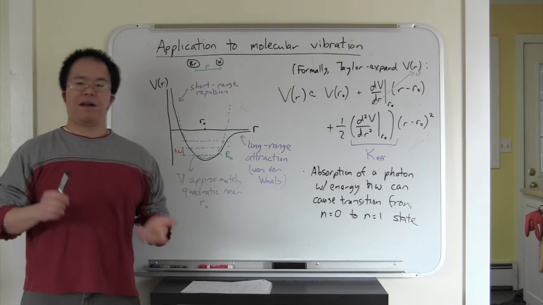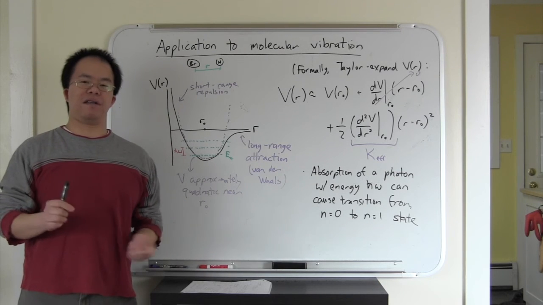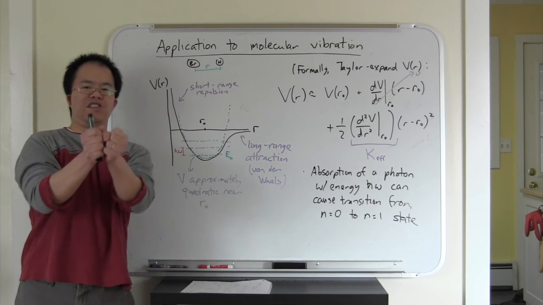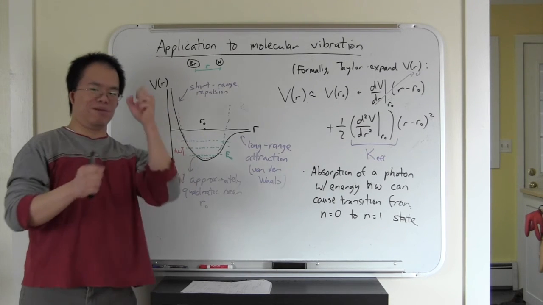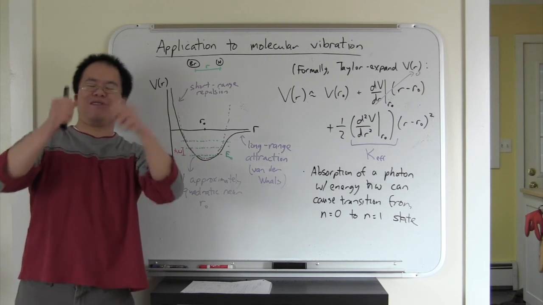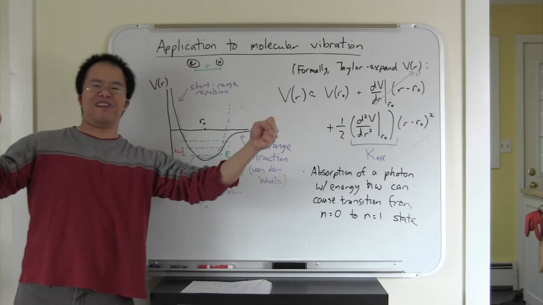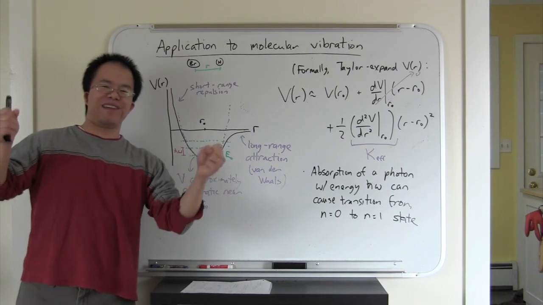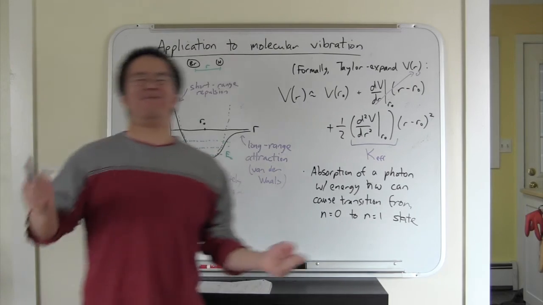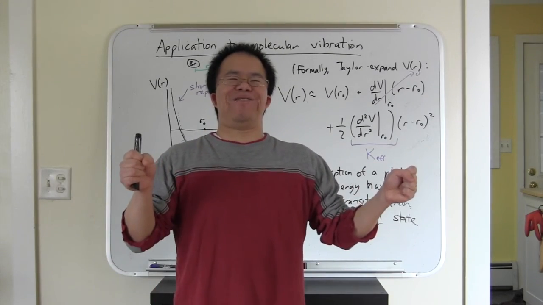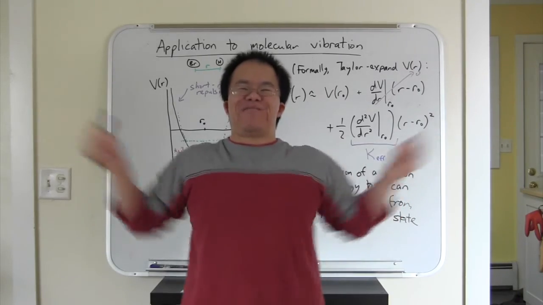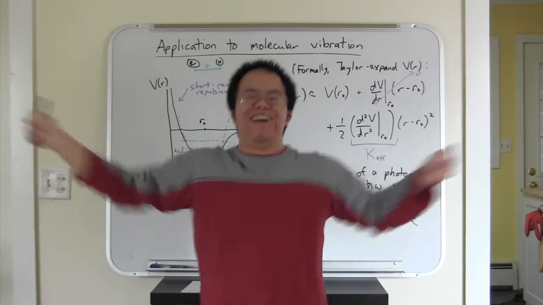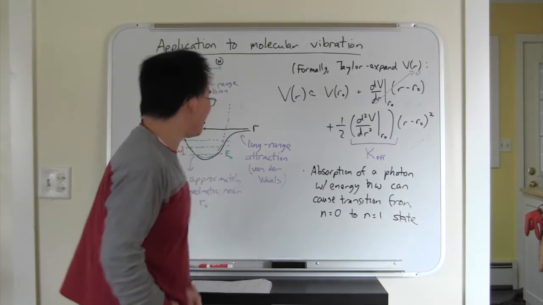For a molecule like carbon dioxide, it's a little more complicated because it's not just two bodies. CO2 has a carbon in the middle and two oxygens, and something with three atoms can do more interesting vibrations. You can have wiggling modes, or symmetric or anti-symmetric vibrations.